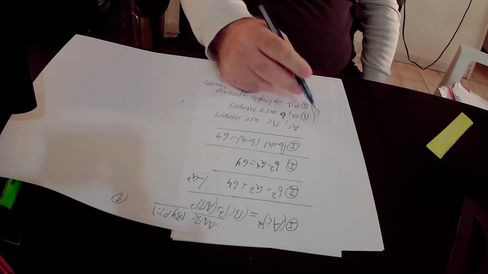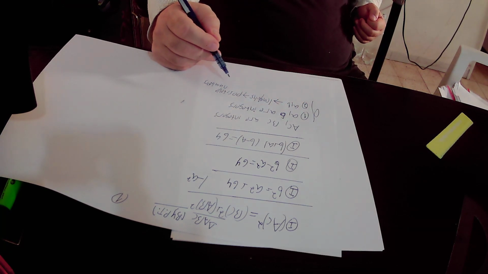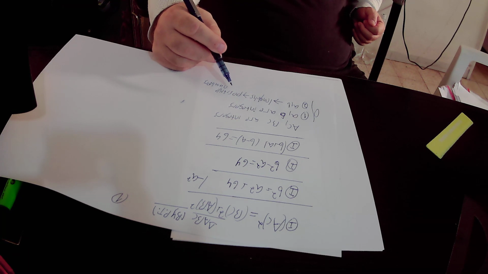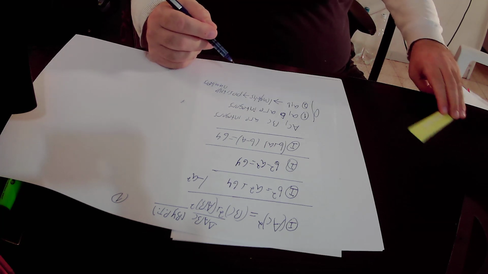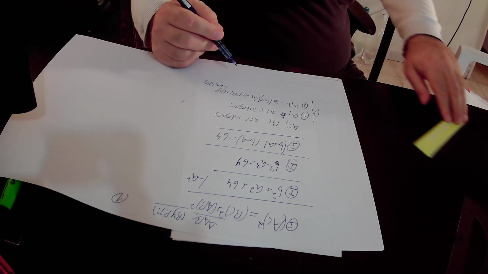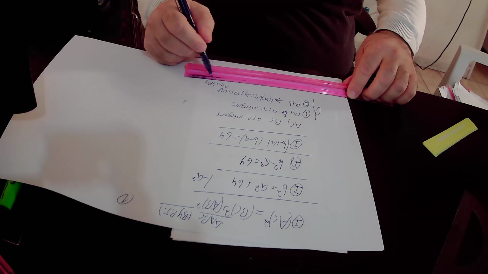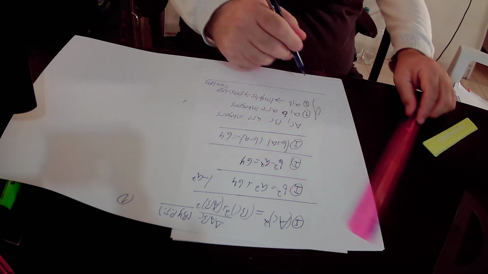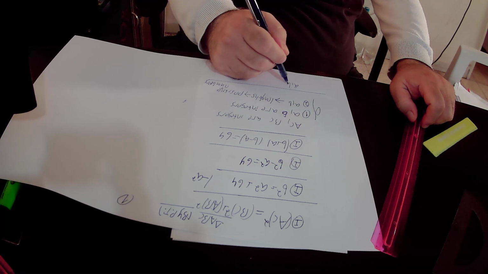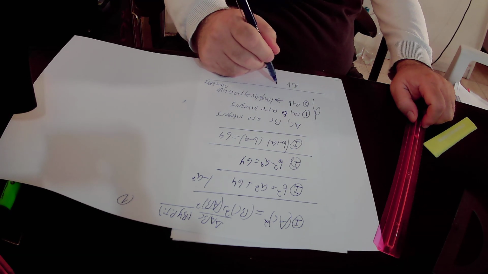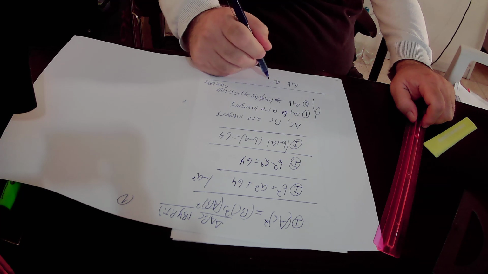So we have two things here. We know that A and B are integers, and A and B are also positive numbers. From those two things we can write down that A and B are positive integers.